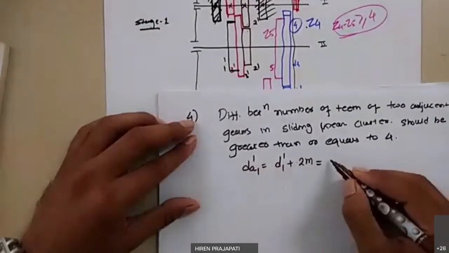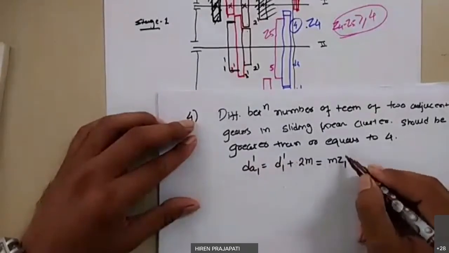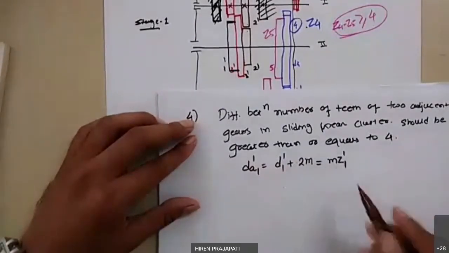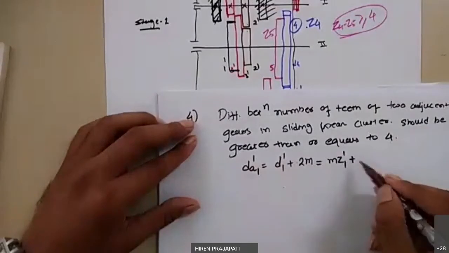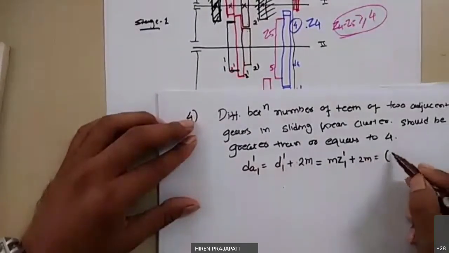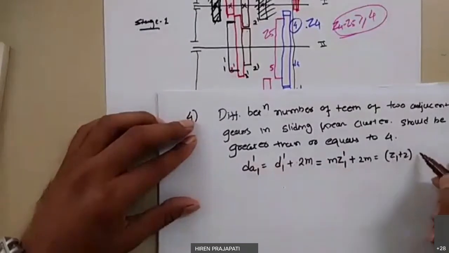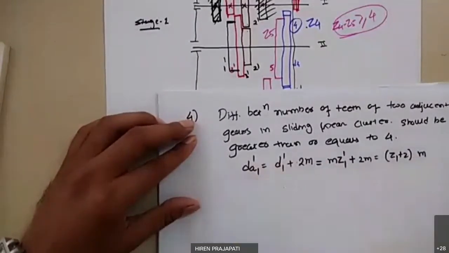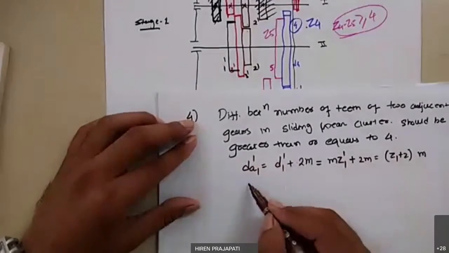Now we can write this in terms of number of teeth. So Z1 dash plus 2m. Let us take module common. So this is for one gear.